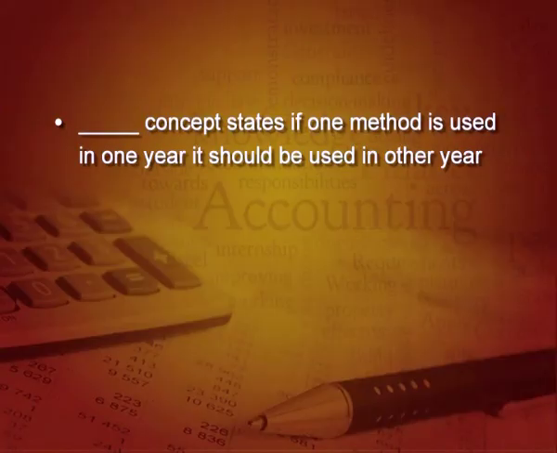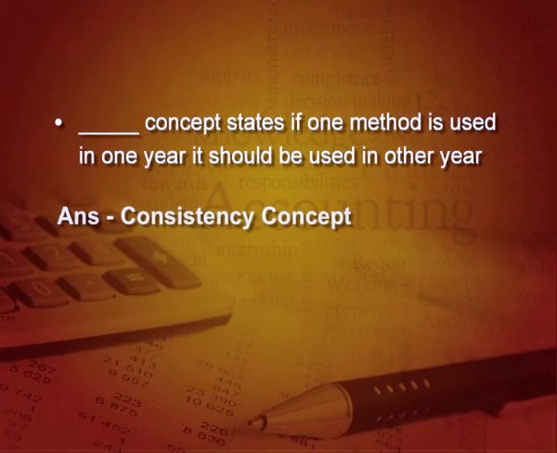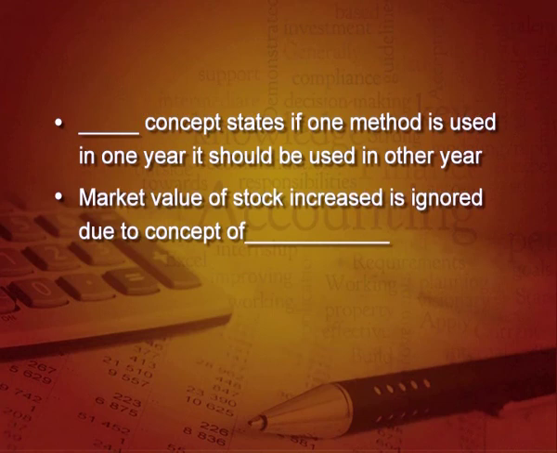Let us start. Which concept states that if one method is used in 1 year, it should be used in another year also? Try it. Yes, consistency. Market value of stock increased is ignored due to which concept?